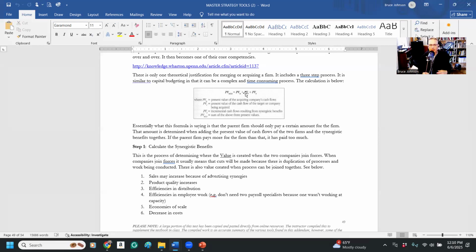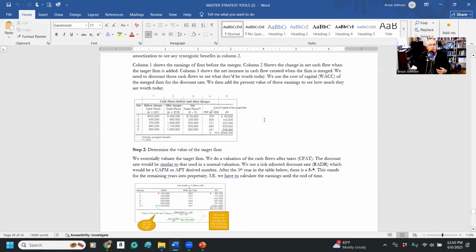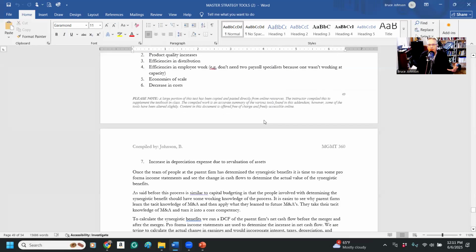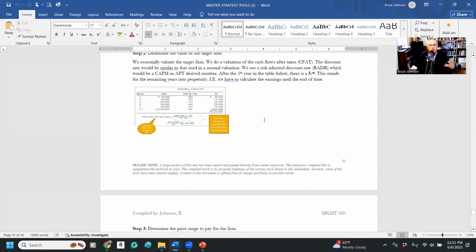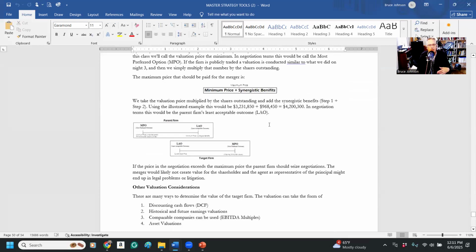I'll try to tell a story later about watching a company that had been acquired by a publicly traded company, and all of a sudden they started hiring different employees and different pieces to the company, which is unheard of. That doesn't happen. Usually they're firing those extra payroll specialists and HR managers that they don't need anymore. So this gets into how we calculate whether or not it is worthwhile to move forward with a merger or acquisition.